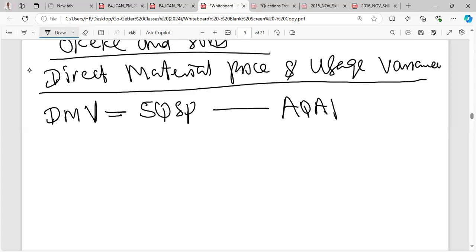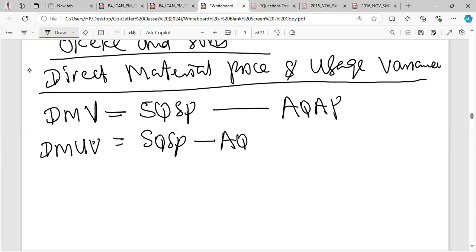Of course, this is standard quantities for actual production. Direct material usage variance is standard quantity, standard price minus actual quantity, standard price, which is the same thing as standard price, standard quantity minus actual quantity. That's for usage.